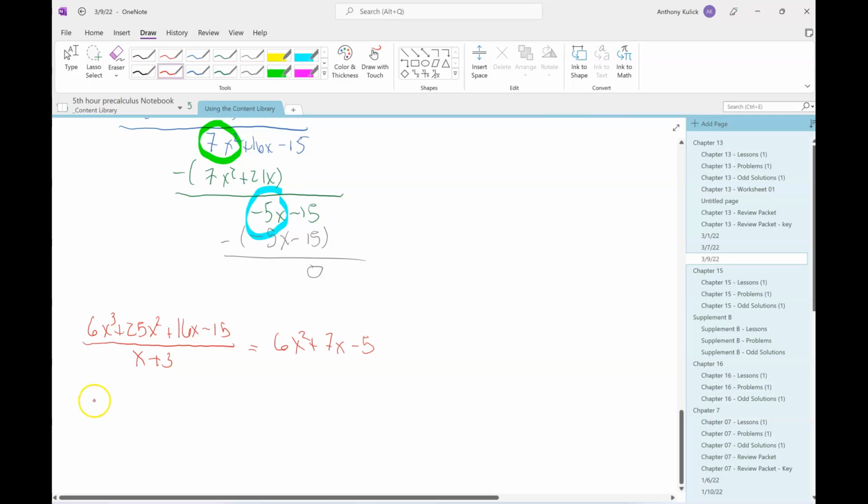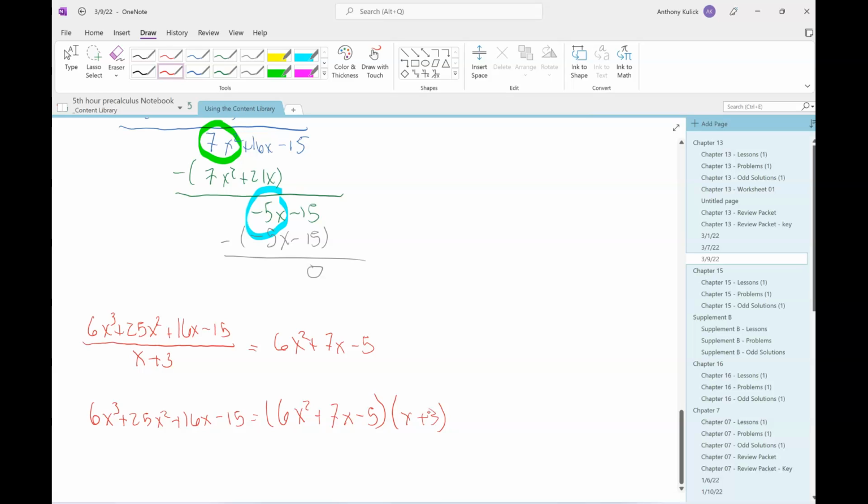And then if we multiply both sides by x plus 3, what we can say is that our numerator factors into (6x squared plus 7x minus 5) times (x plus 3). Is everybody okay with that?